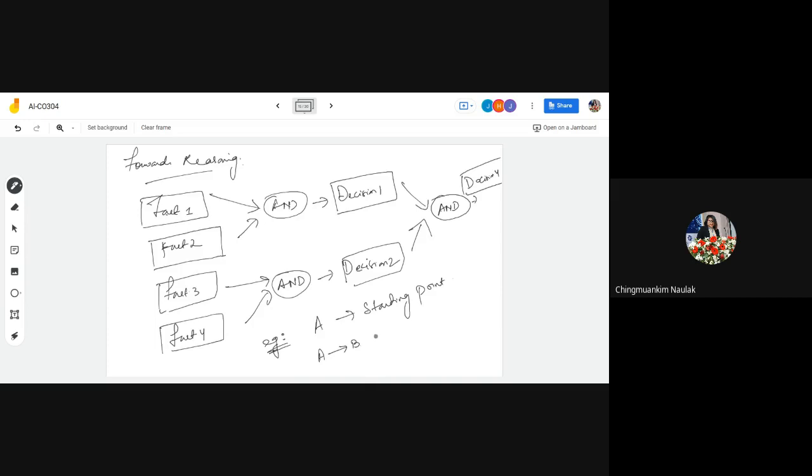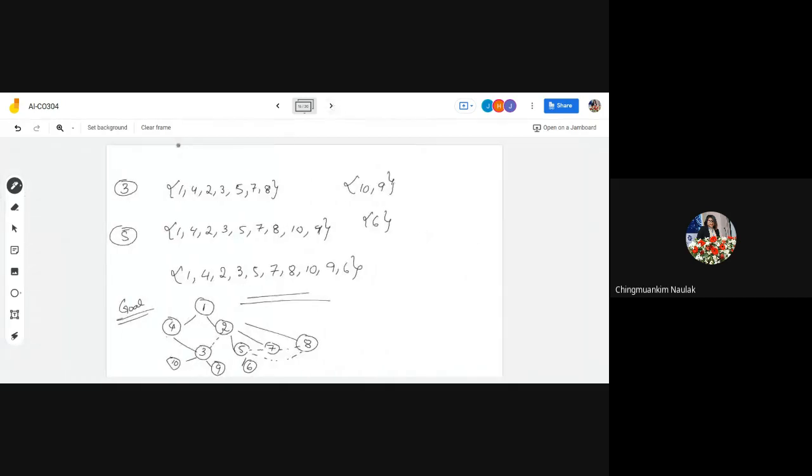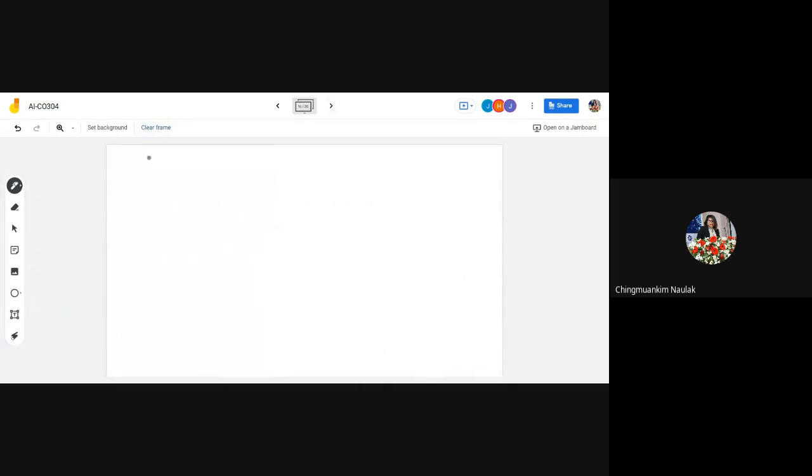This is the fact given to you, and the objective that you are supposed to achieve here using forward reasoning is this decision B, using this starting point and this given fact. You have to prove B. Let me put it another way. Let's say A to B was the fact that was given to you.